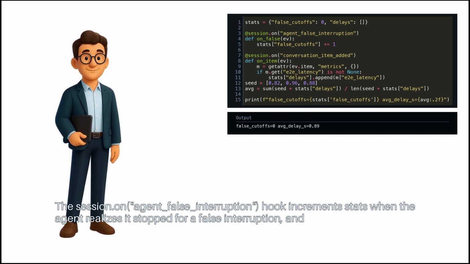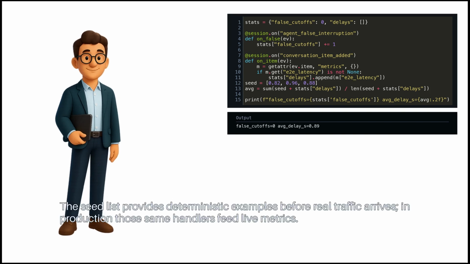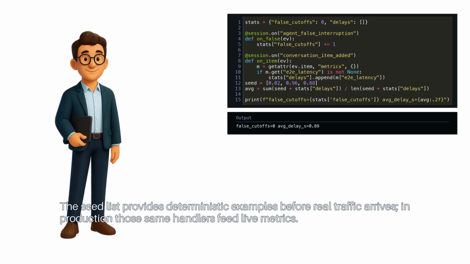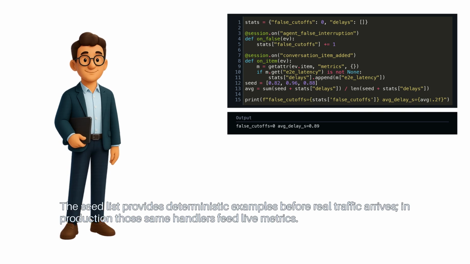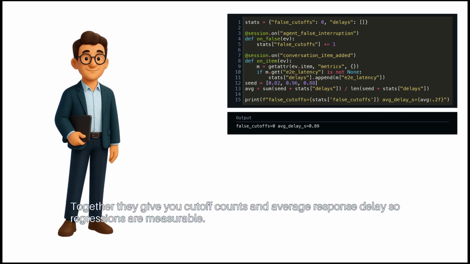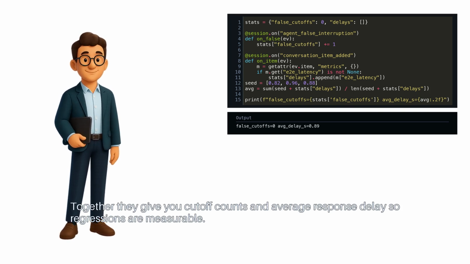And session.on conversation_item_added reads ev.item.metrics to capture E2E latency from completed assistant turns. The seed list provides deterministic examples before real traffic arrives. In production, those same handlers feed live metrics. Together, they give you cutoff counts and average response delay, so regressions are measurable.